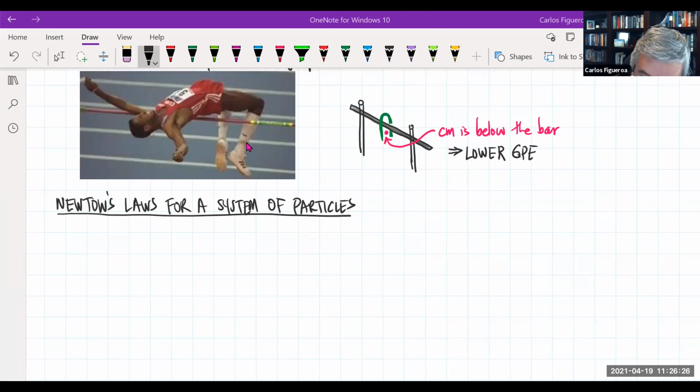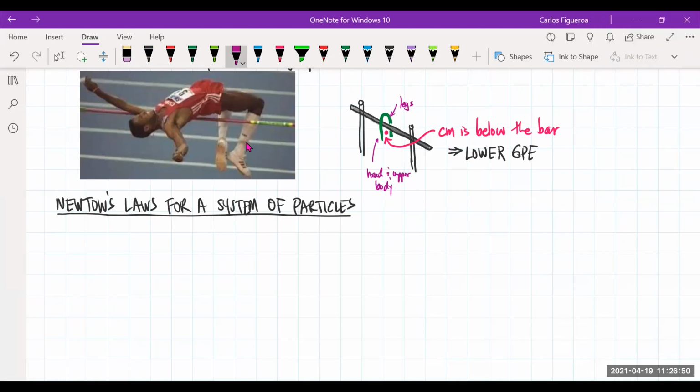It's almost like his body's folding like this. Obviously, he can't fold like that, but what you would find here is that his head and upper body are actually folded down and his legs are over here. I got it. Yeah. So totally. It makes sense now. Thank you. Okay.